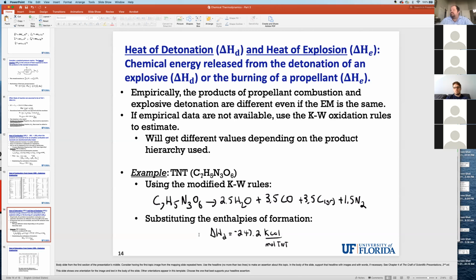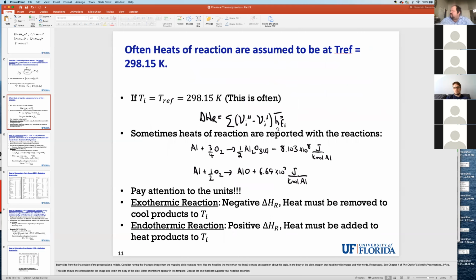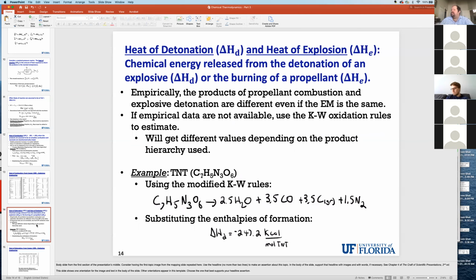That's why they define the products to be at the standard temperature, to eliminate any effects due to changes of the sensible enthalpy of the different species. So that, if you go back up to here, it only involves the enthalpy of formation, and that's it. Okay? Okay, yeah, that makes sense. Okay.